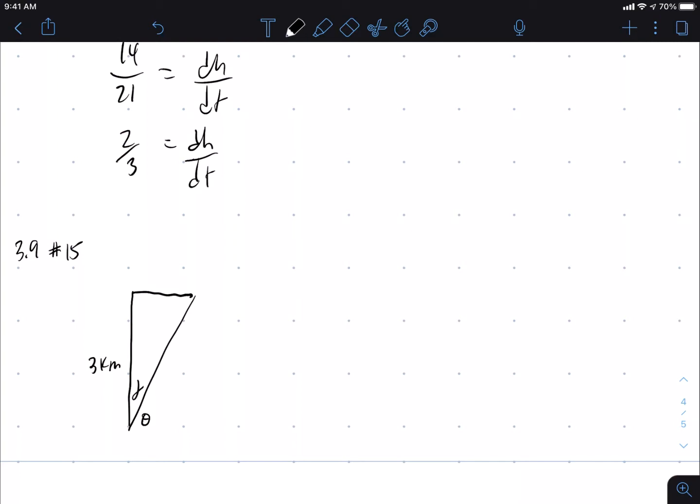So my plane is going to be out here. Here is the telescope station, and this is the triangle that I have. This is the x distance that it's flown, and this is the height that it's at. Does that make sense? It totally changes the problem around.